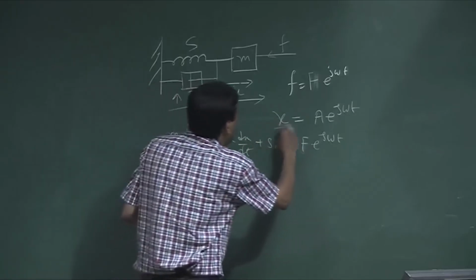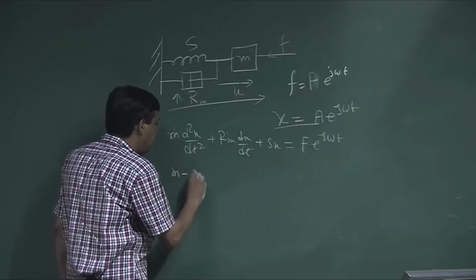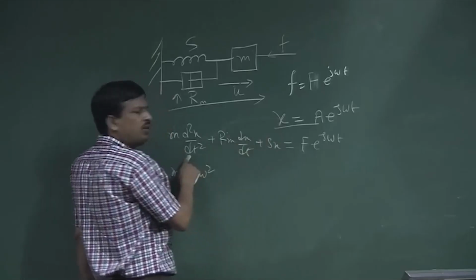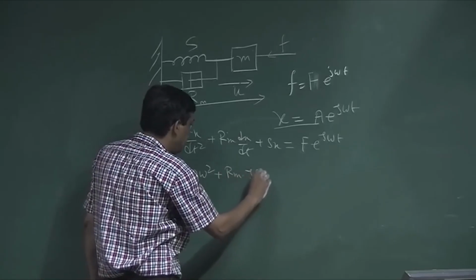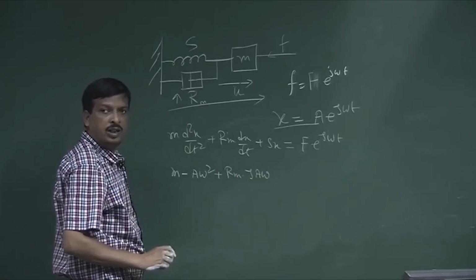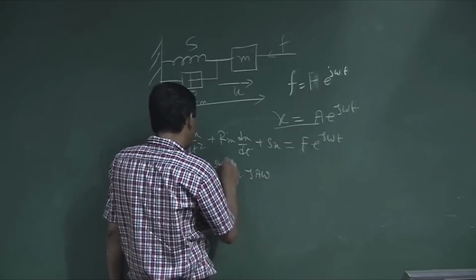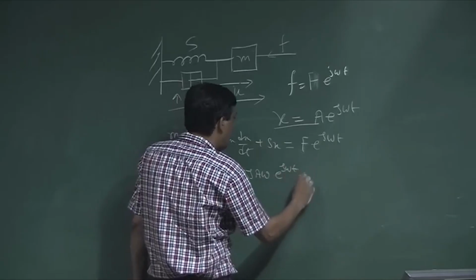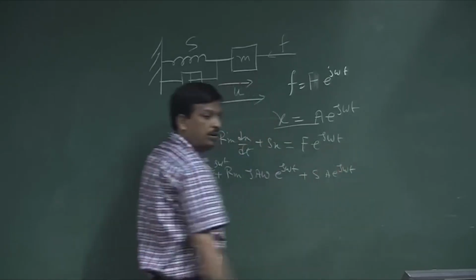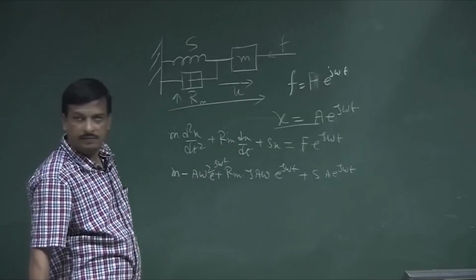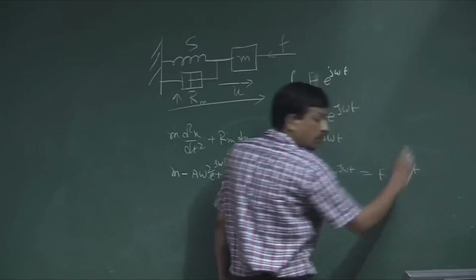Now, if I put the value of x in here, it is m into minus A omega square, which I can calculate from d2x by dt square, plus rm into j A omega, plus s into A, all multiplied by e to the power j omega t, is equal to F into e to the power j omega t.